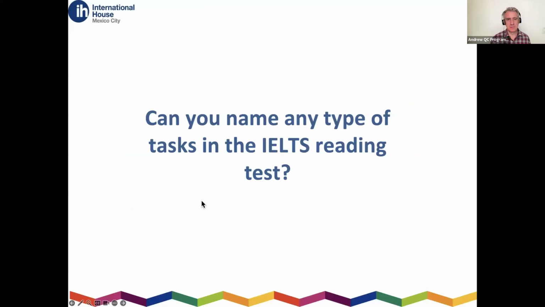You can play it at your own speed as well. So, can you name any types of tasks on the IELTS reading test, which may or may not use these sub-skills?